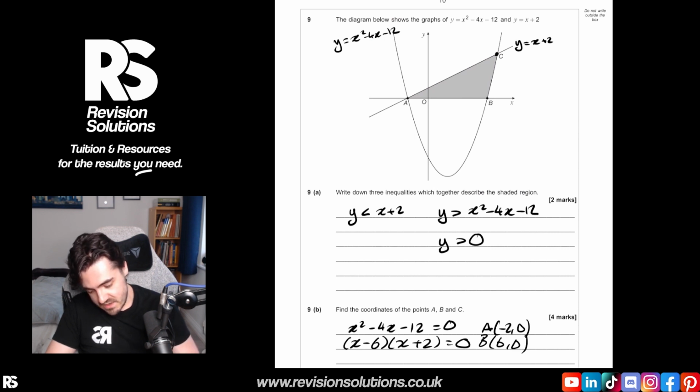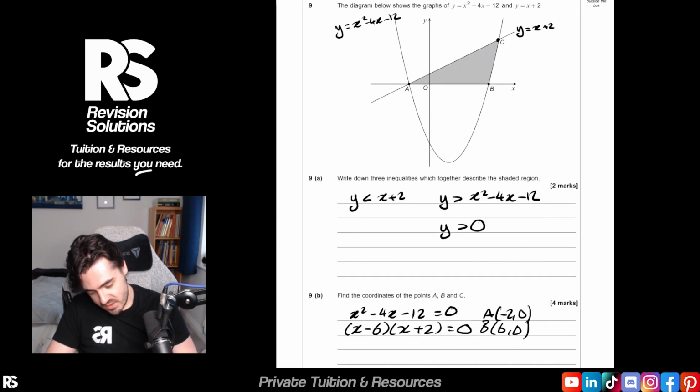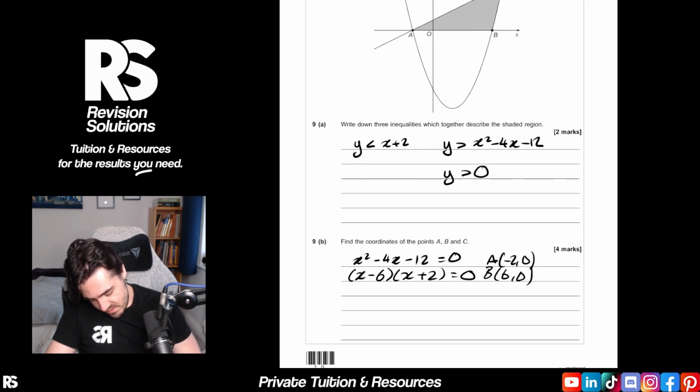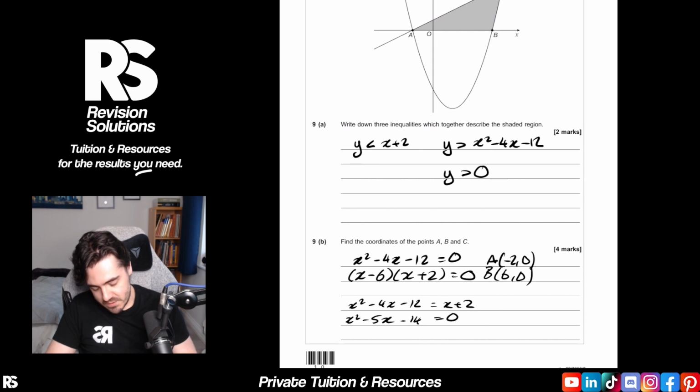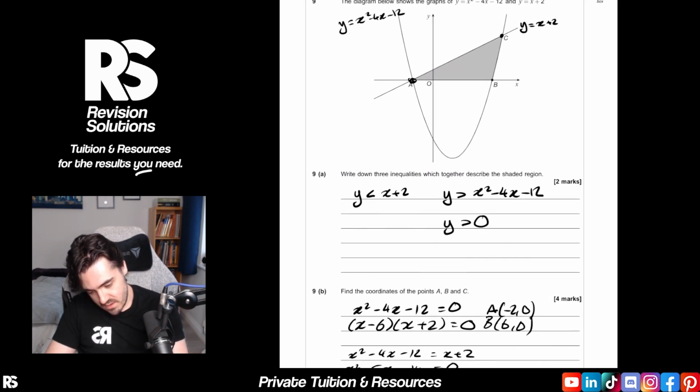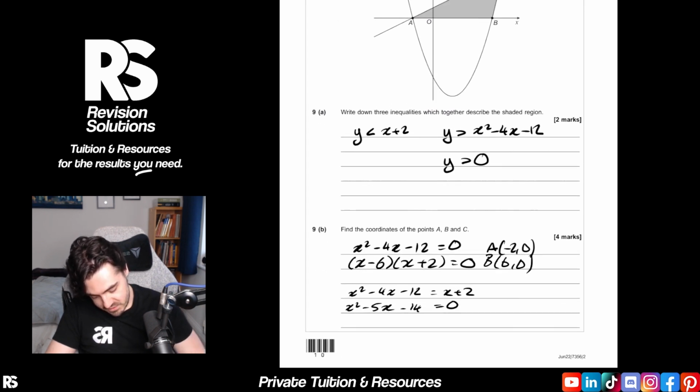Okay, then to find point C, that's going to be where the line intersects the curve. So we're going to solve simultaneously the quadratic and the straight line. So that would be x squared minus 4x minus 12, and then substituting the y would be equal to x plus 2. To solve this, let's just bring everything to the left and set it to 0. So that would be x squared minus 5x minus 14 would equal 0. And the nice thing about this is we already have a solution for this, because A is also a solution, which would correspond to a factor of x plus 2.